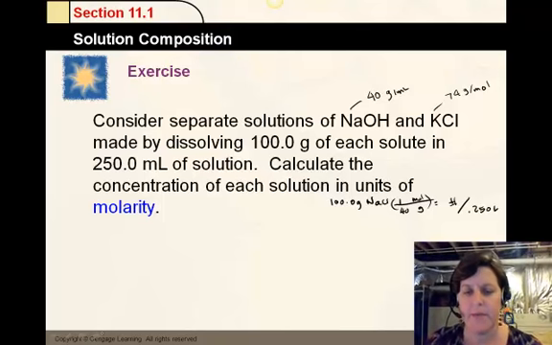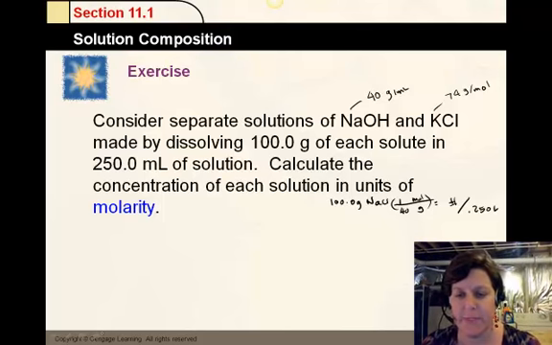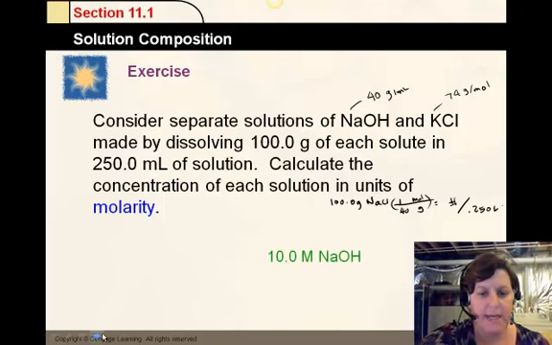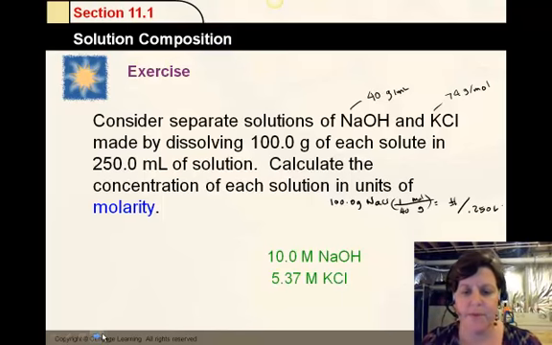And that will get you the molarity of sodium hydroxide. You're going to do the same exact thing with potassium chloride, but of course you're going to be dividing by 74 this time. When you calculate both, you get the answer, which is 10 molar sodium hydroxide and 5.37 molar potassium chloride. So that is a review of molarity.